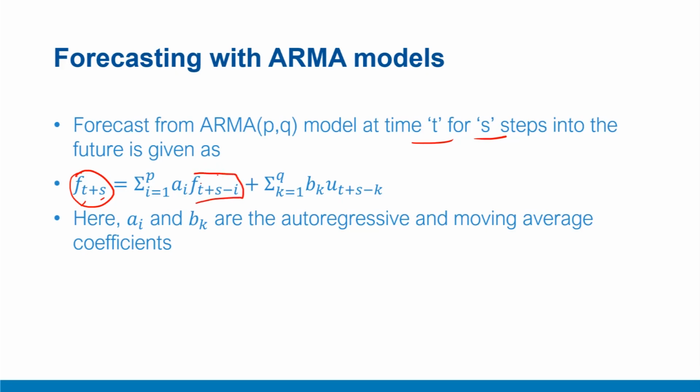If the actual value is not available, then the forecast f will be employed, which is the previous values of the series itself, with its coefficients a i, which are autoregressive coefficients. And then you have MA terms, the white noise process mu t, its previous values and current values, with MA coefficients. So let's start with forecasting of the MA process.